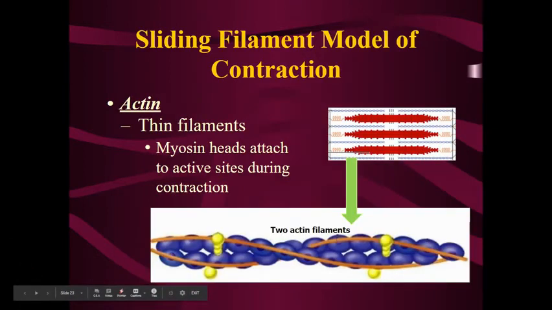The actin, remember, are those thin filaments that are attached to the Z lines. When the muscle is contracting, the myosin heads attach to active sites on the actin. Then the myosin heads pull on the actin, which initiates the shortening of the muscle.